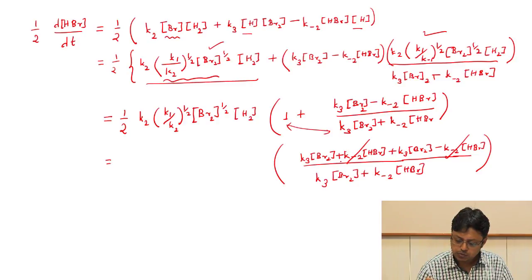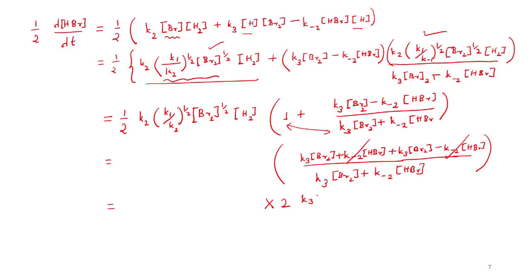So this will be nothing but twice K3 into Br2 divided by K3 Br2 plus K minus 2 into HBr, and it is multiplied by this entire thing, half K2 K1 by K2 to the power half, bromine to the power half and H2.